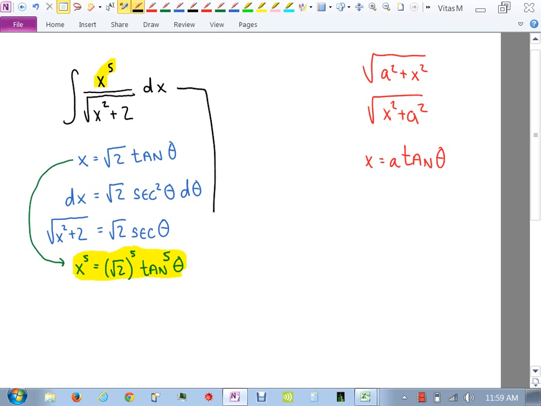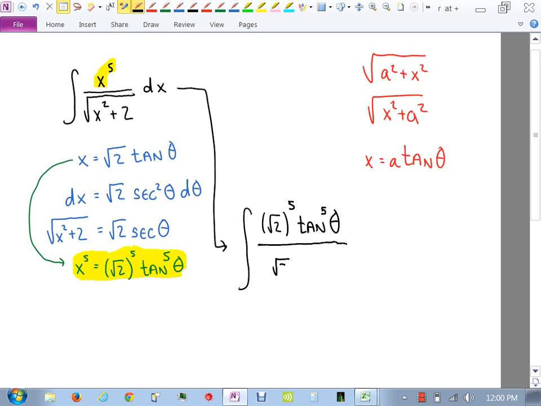So my integral becomes the integral of x to the fifth, which we said was the square root of 2 to the fifth, tangent to the fifth theta. That's just x to the fifth, right? Over, what was that square root stuff down there?